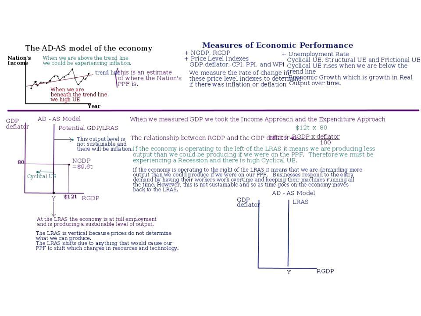Okay, so the LRAS shifts any time there's a change in the economy that affects our resources or our technology. For instance, on March 11th, 2011, a major tsunami hit Japan.